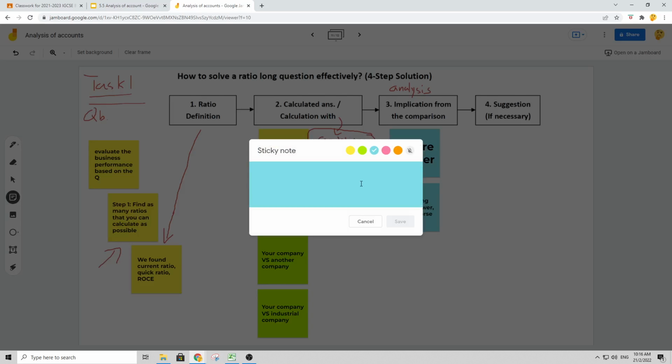If it is getting higher or lower, better or worse, what does it mean? What does it mean by the implication? Once you have made the comparison.